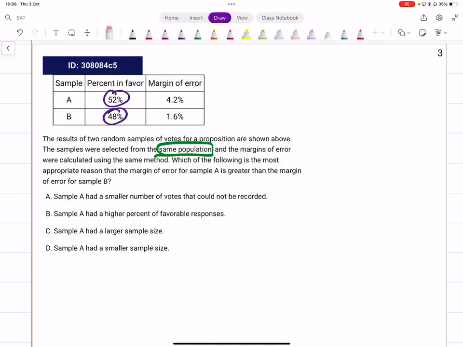Now let's look at this. Sample A had a smaller number of votes that could not be recorded. Sample A had a higher percent of favorable responses. Sample A had a larger sample size. Sample A had a smaller sample size. So one of these is going to be true. Margin of error for A is greater. If the margin of error for A is greater, its sample size should be smaller. So that means A had a smaller sample size. That's B.